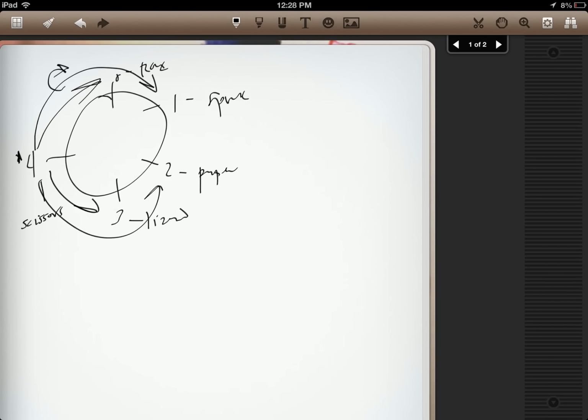Now, to understand this, we have 0, 1, 2, 3, 4. This represents 5 points on this wheel. Now we want to understand the modular arithmetic concept behind this.